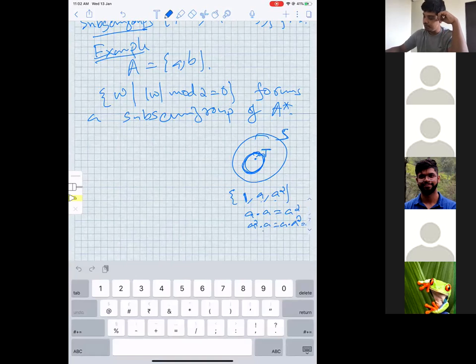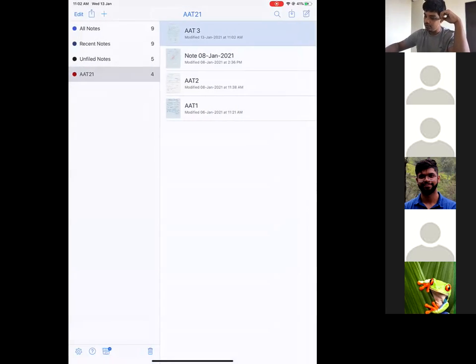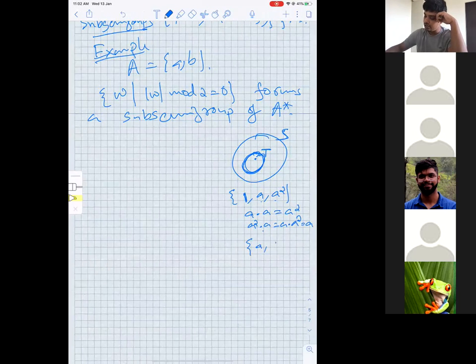Now if I consider a square, this one, this itself is a monoid with a square as the identity, because a times a square will be a square times a square, which will be, oh sorry, this is a monoid.